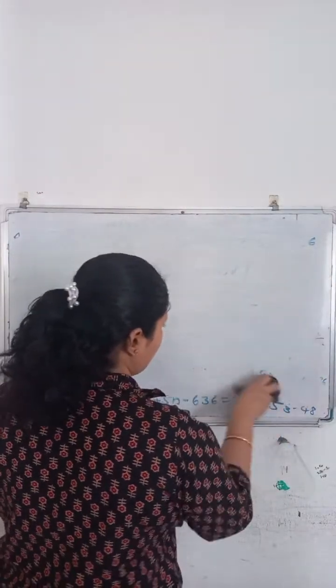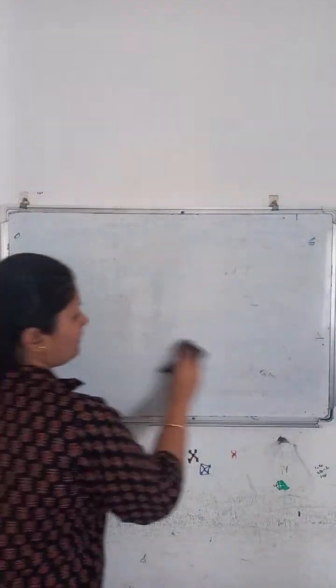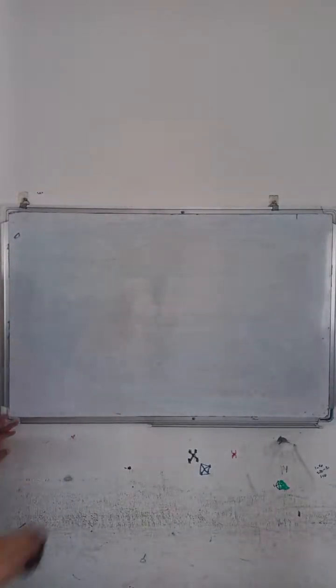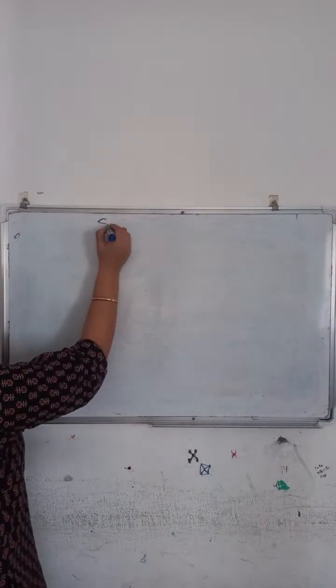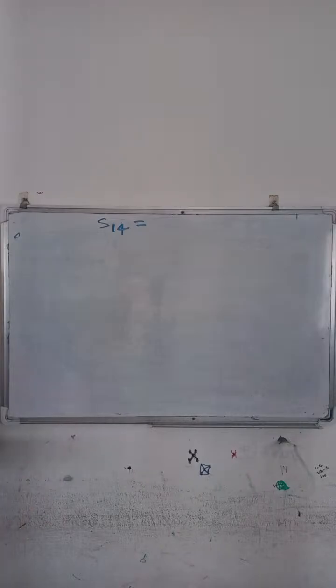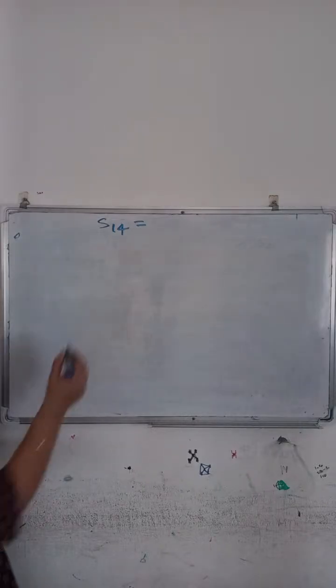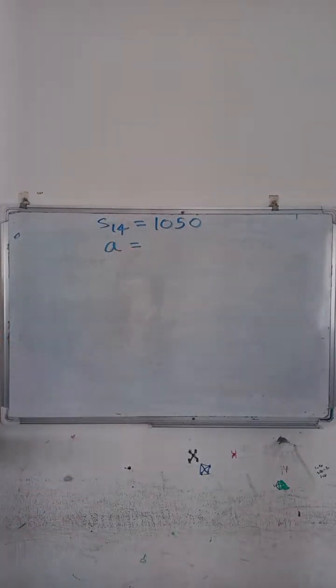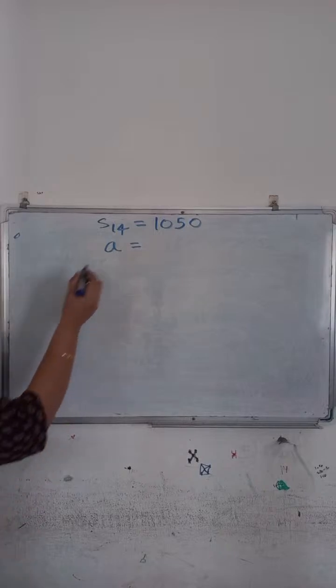Here the sum of the first 14 terms, that is S14, is equal to 1050. And the first term is given, that is 10.